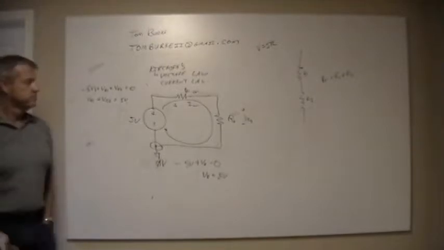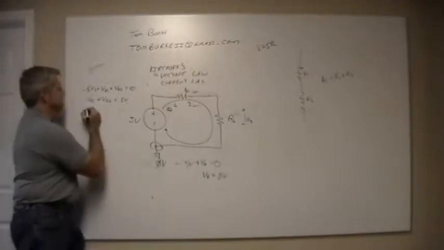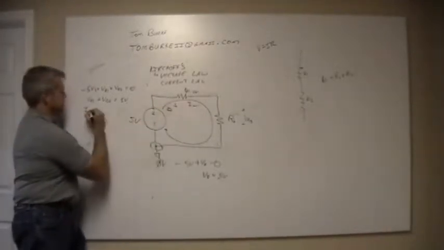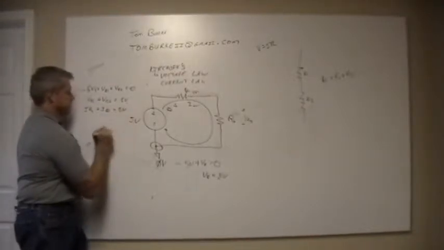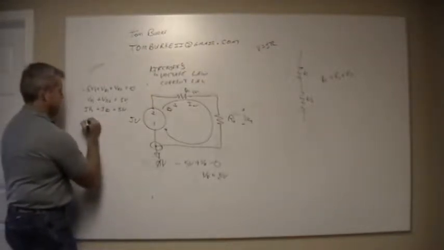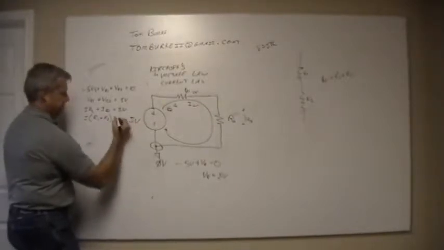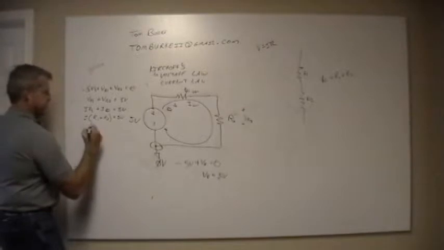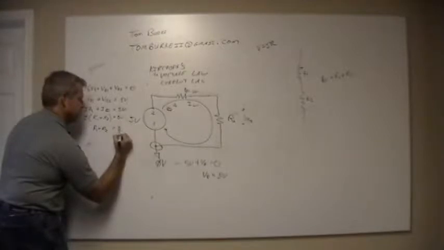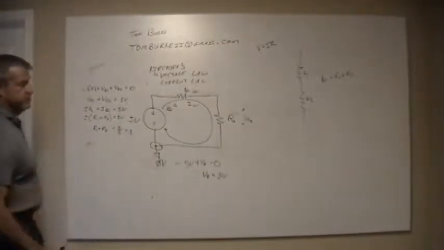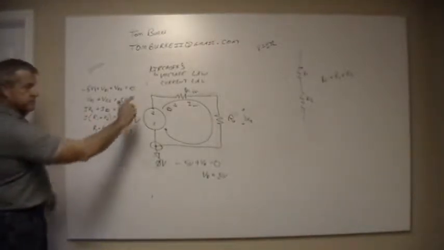If I know, for instance, we'll say this is 5 amps, I know that this is I R1 plus I R2 equals 5 volts. I can pull the I's out, so I times R1 plus R2 equals 5 volts. So that tells me R1 plus R2 is equal to 5 over 5 equals 1. R1 plus R2 is equal to 1 ohm. But right here is the proof that it's series.